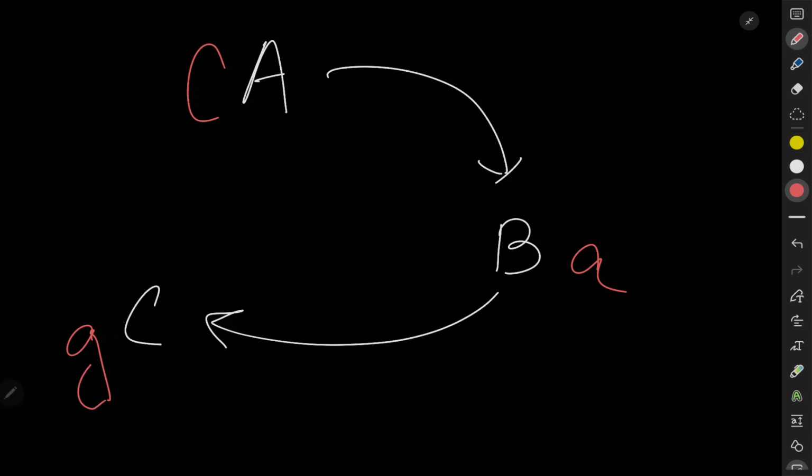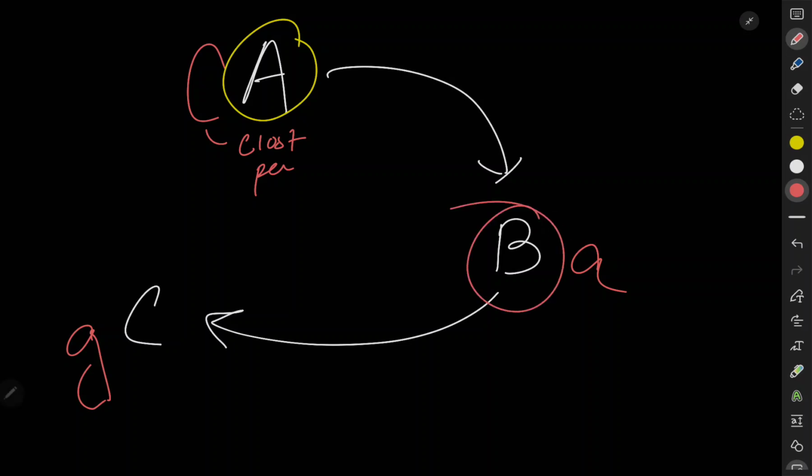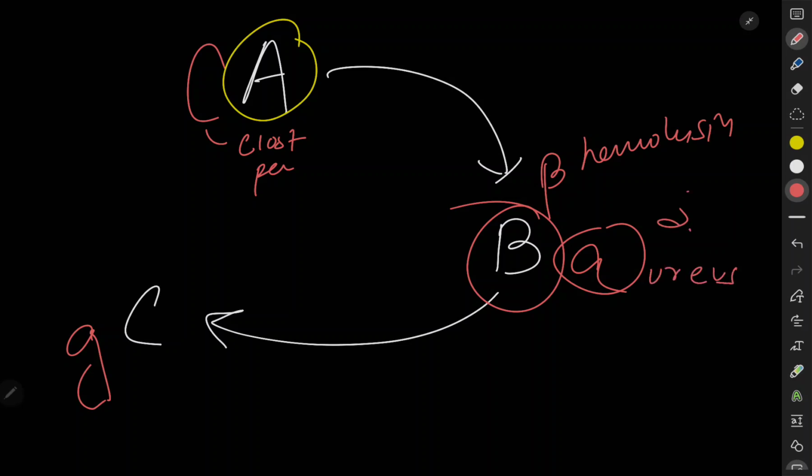So my point is, C for Clostridium perfringens gives out alpha toxin. B is for beta hemolysin, which is shown by S. aureus, and S. agalactiae shows C for CAMP factor.